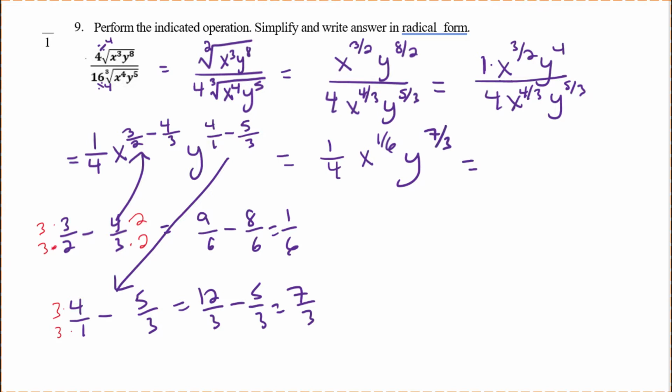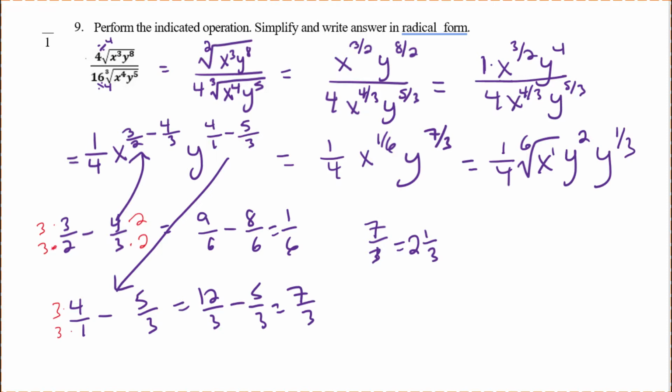So we're almost there. So I'm going to rewrite the x as 6√(x). Remember, it's power over index, so the power is 1, and then the index is 6. For 7/3, 7/3 is the same thing as 2 and 1/3. So I have y to the 2nd and y to the 1/3.